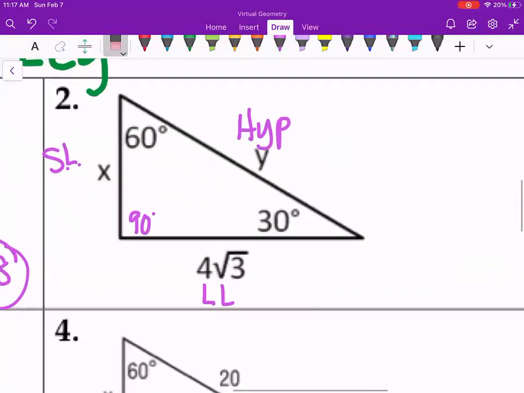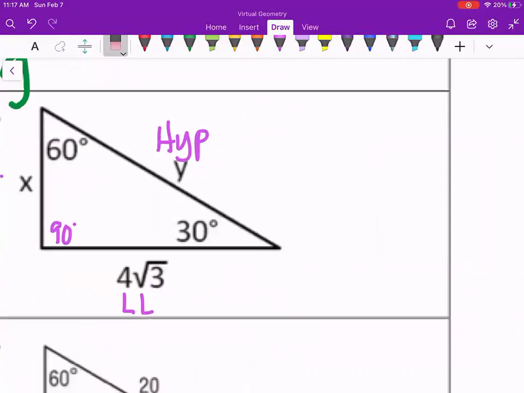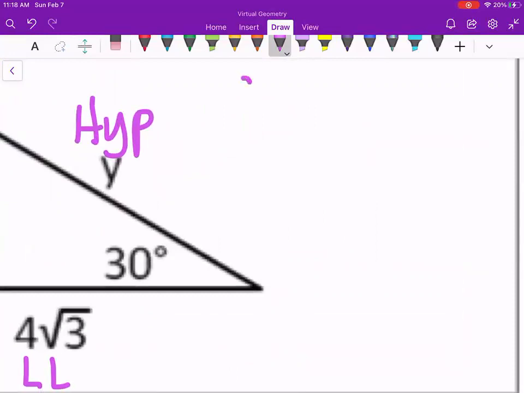Now let's see what we've got. They give us the long leg. Like I said earlier, the short you must find first if you don't have it. So our formula says the short leg is the long leg divided by square root 3.